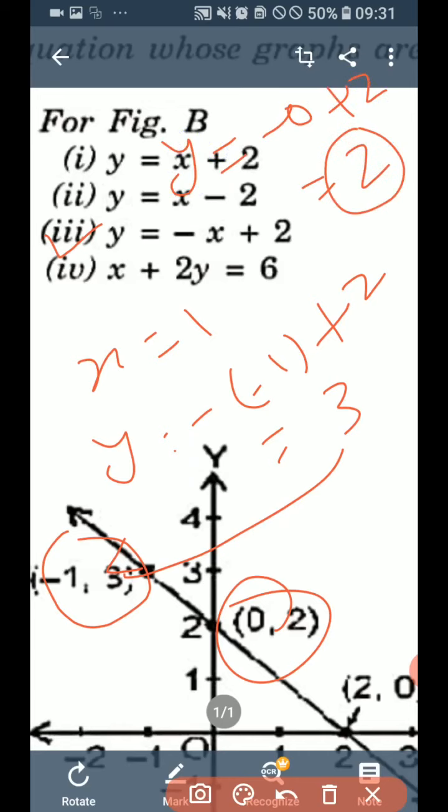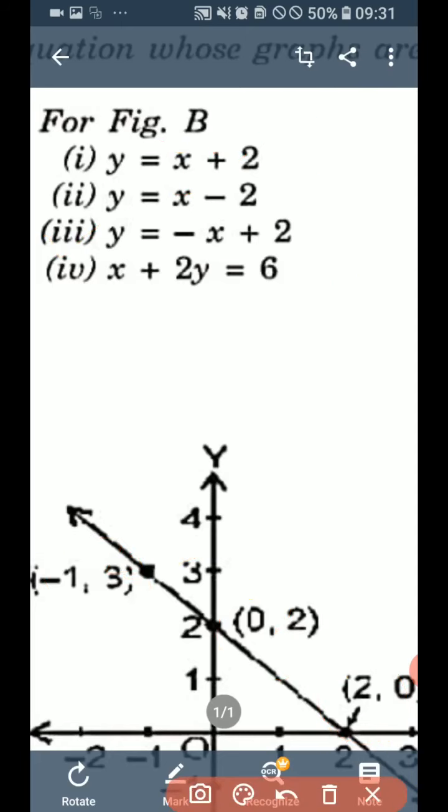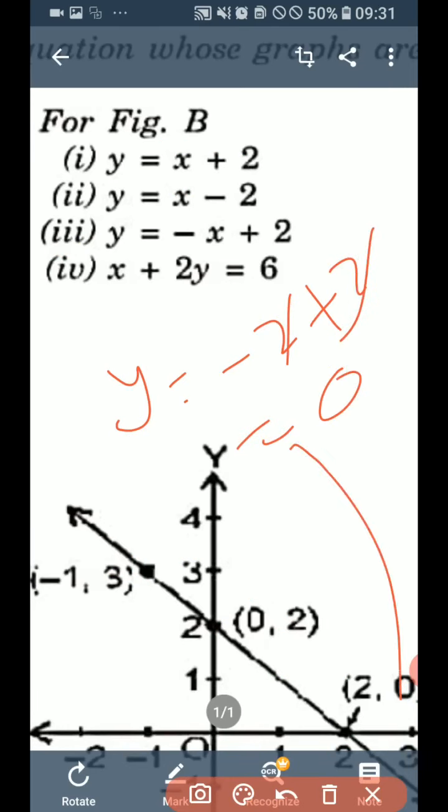So 0 comma 2 is a solution of the linear equation number 3rd. In the same way, I put x equal to 2, y equal to 0: minus 2 plus 2, y equal to 0. Hence, this is the graph for linear equation number 3rd.